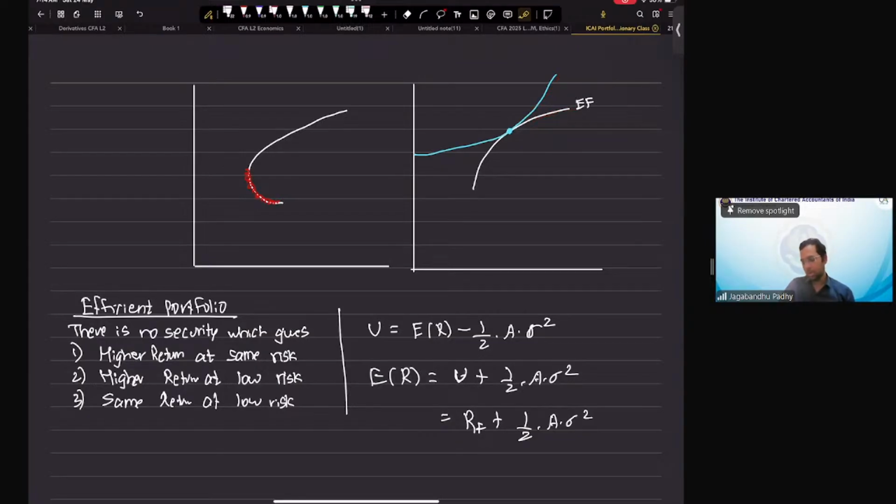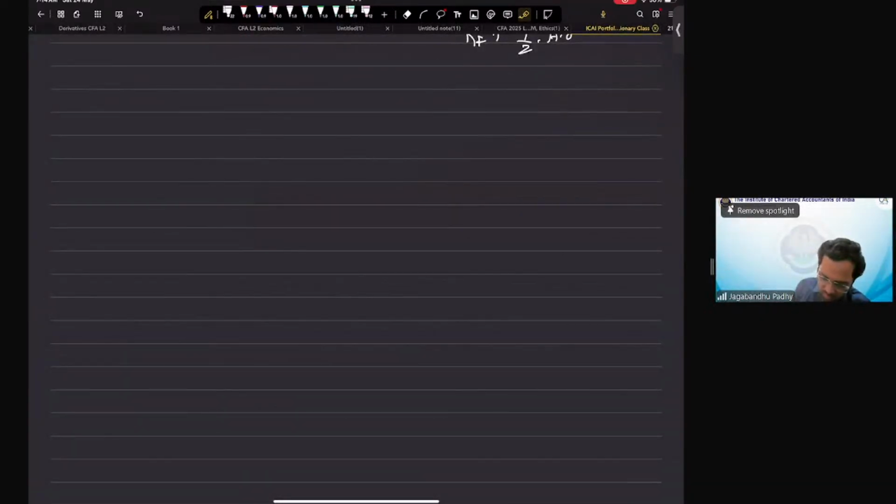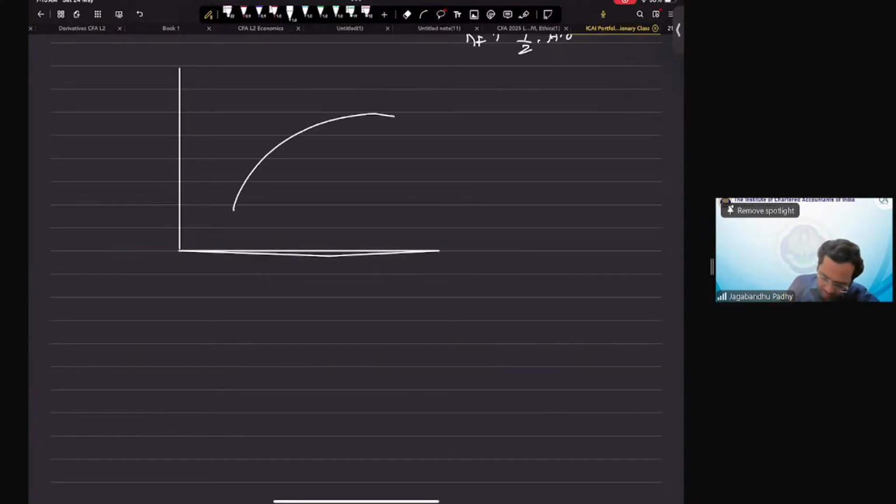Okay. Then Markowitz's student, Sharpe, found out that one major drawback of this efficiency frontier is that it's not considering the possibility of securities being of zero risk. When that is considered, we form a different model, which turned out to be the capital market line. So in this capital market line, this was our original efficiency frontier.